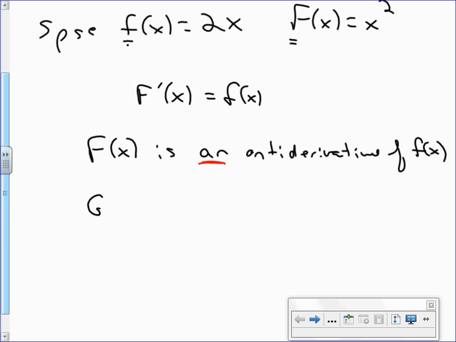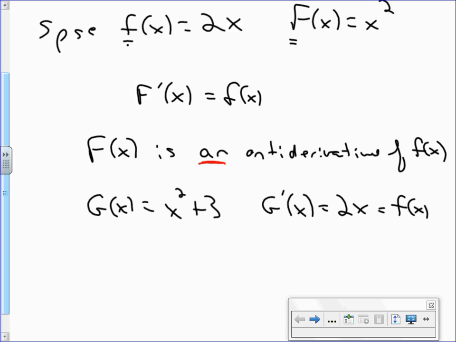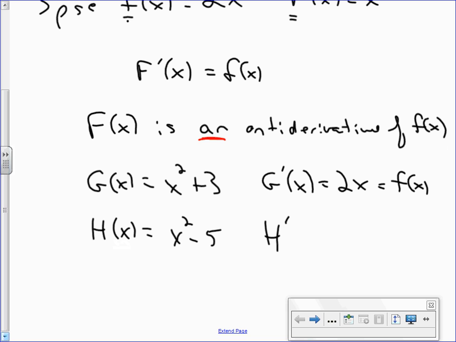But for example, look at g of x, and you see that g prime of x is also an antiderivative of f of x, or consider h of x, and you can see here that h prime of x is also an antiderivative of f of x.